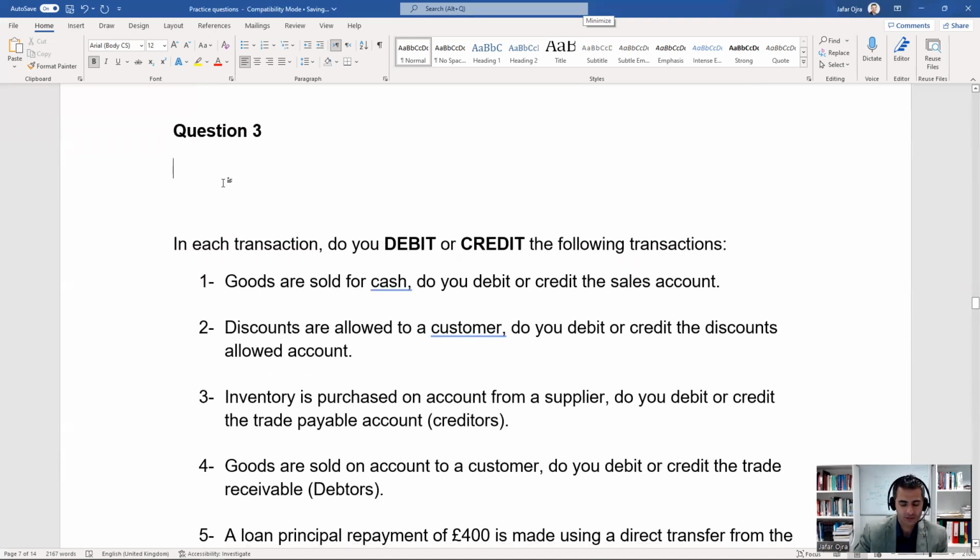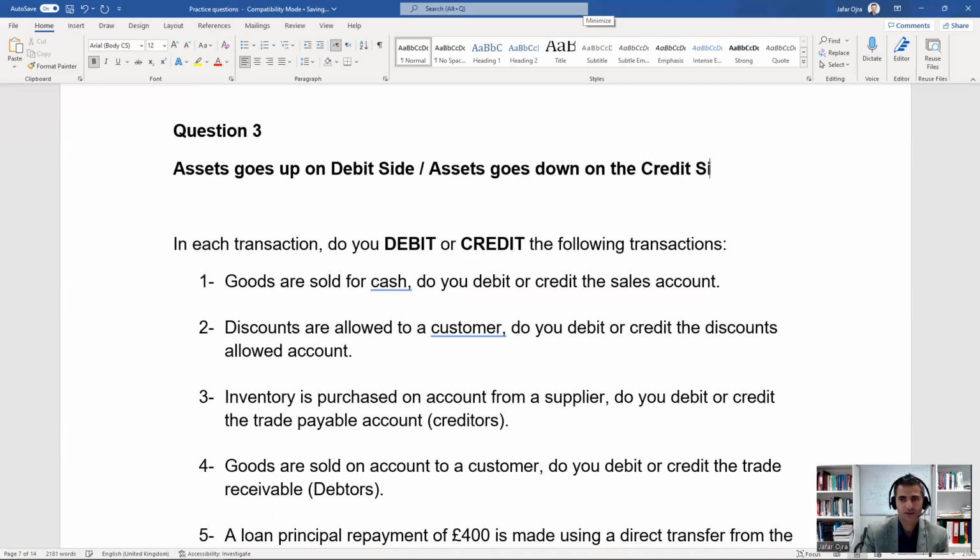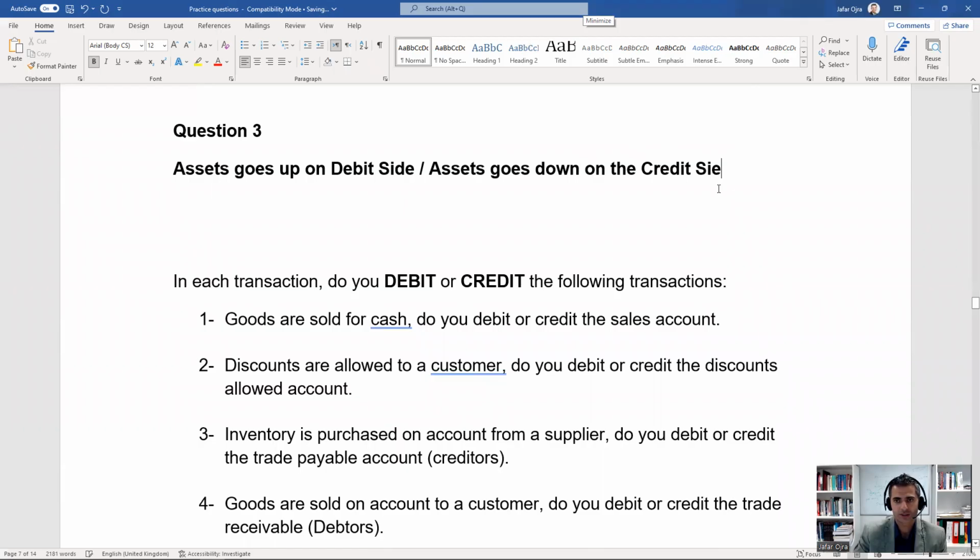So all assets go up on the debit side and go down on the credit side. That's rule number 1.